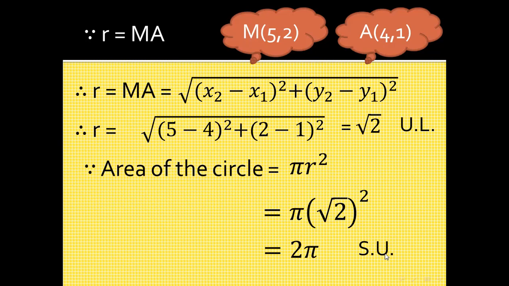Using this rule, root of (difference between x)² plus (difference between y)², by direct substitution we find r equals root 2. Putting r equals root 2 in the rule of the area of the circle, πr², we find the final result equals 2π square unit.